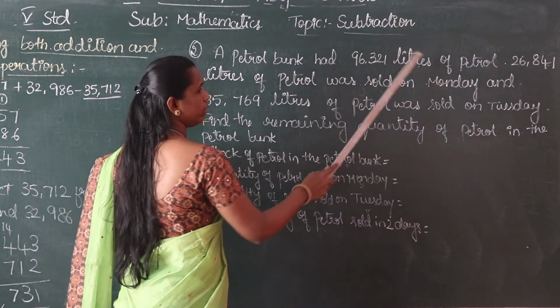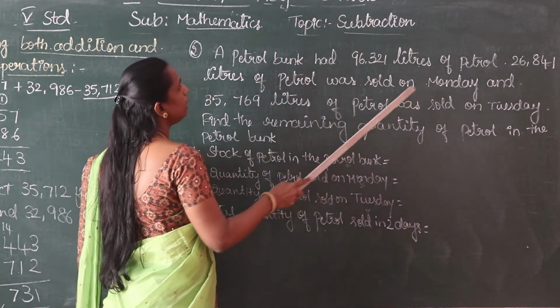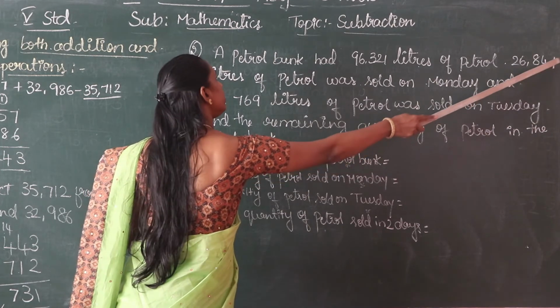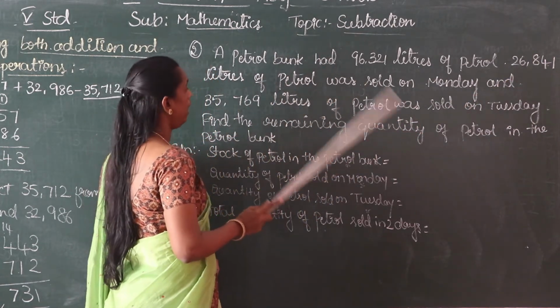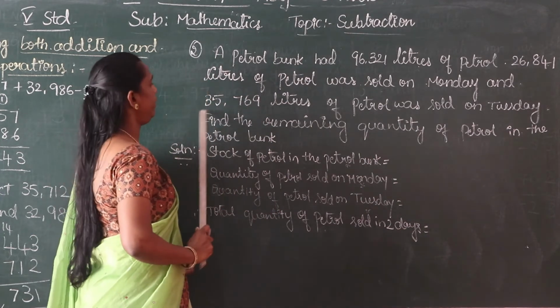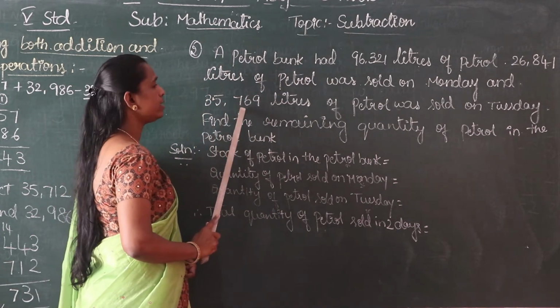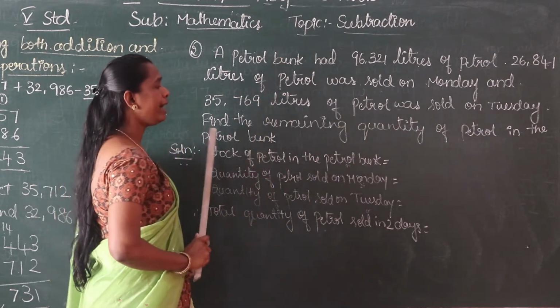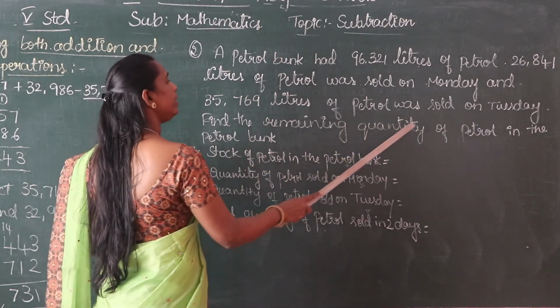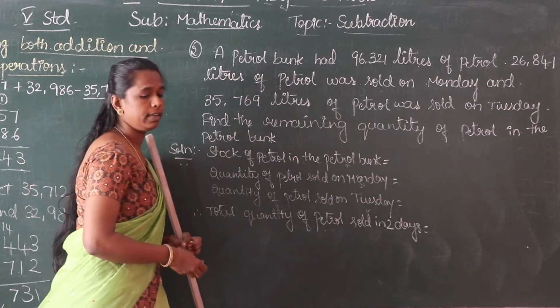And on Tuesday, 35,769 liters of petrol was sold. So find the remaining quantity of petrol in the petrol bunk.